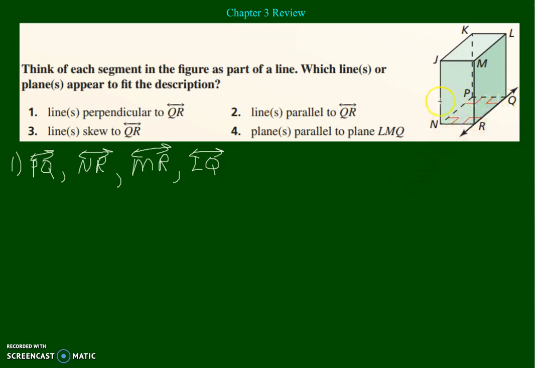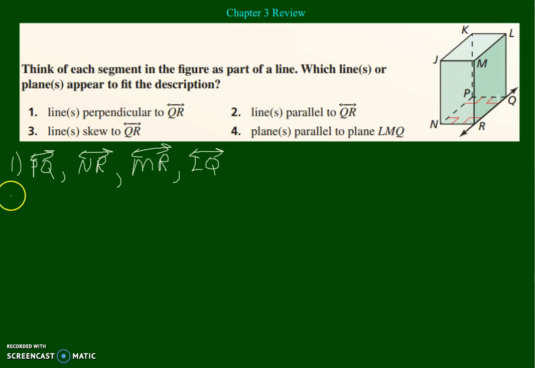And we're going to consider that this is, in fact, a right prism, which means that every one of these edges is perpendicular to the base. So we're also going to say that JK and line LM are parallel for the exact same reasons. Since this angle and this angle are right angles, this and this are right angles.